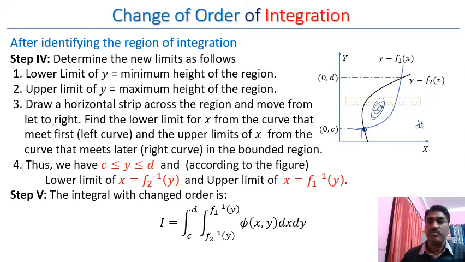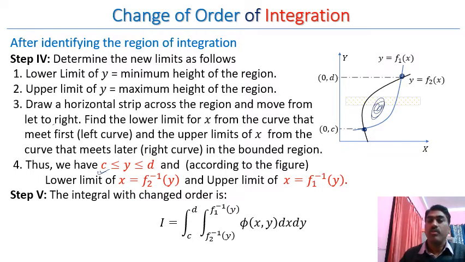So we have to take the minimum height as the lower limit of y. Then take the maximum height of the bounded region as the upper limit of y. So these are the lower and upper limits of y. So y lies between c and d as per our plot.